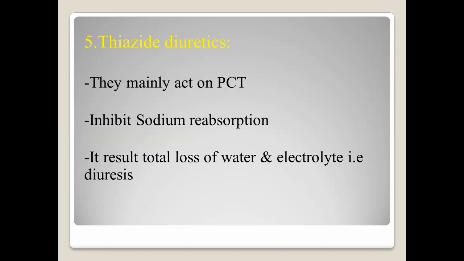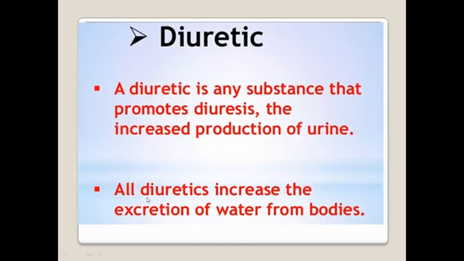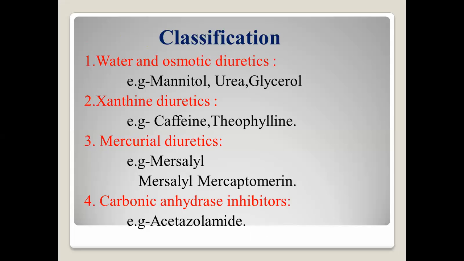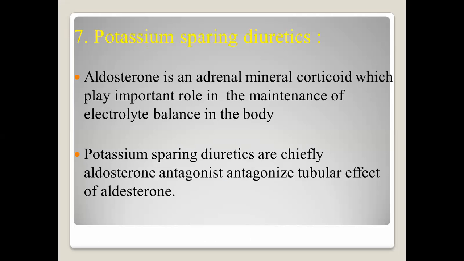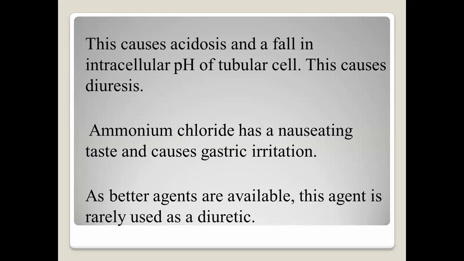So in this flow, the intracellular pH falls, and this leads to diuresis. So ammonium chloride has a nauseating taste and also causes gastric irritation. That's why it is rarely used as a diuretic.